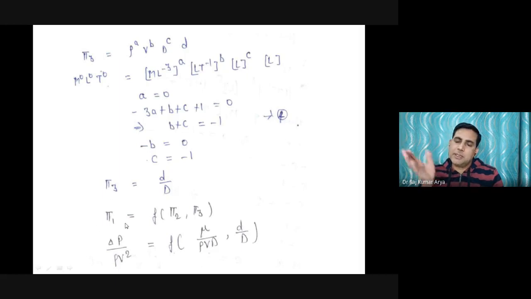So delta p, which you are measuring, is the left hand side, and it would be a function of the other dimensionless parameters you have calculated. Pi 2 was mu by rho vD, the Reynolds number, or its inverse, and d upon D is further something.